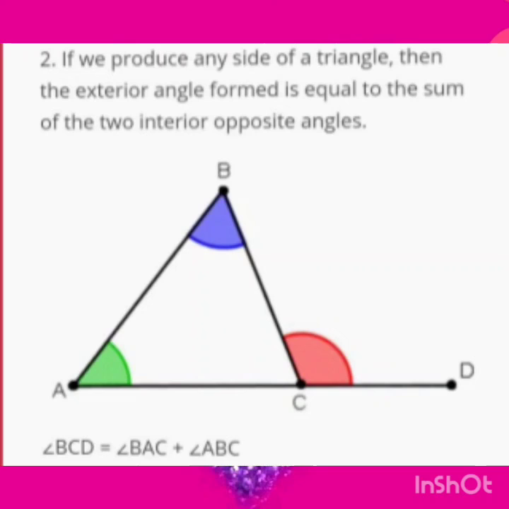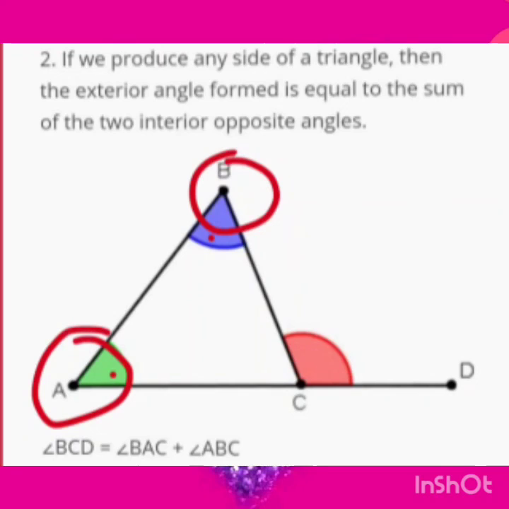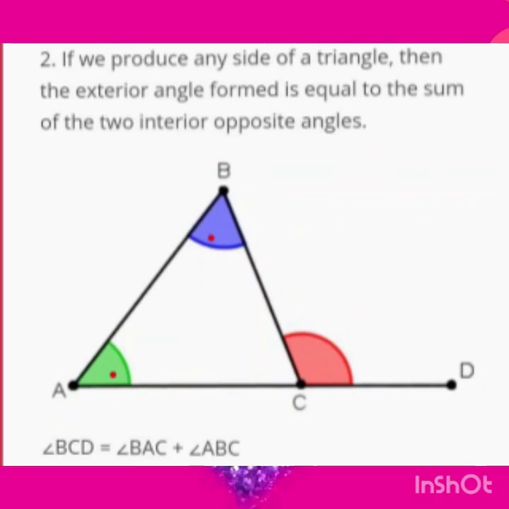My dear student, the sum of two interior angles of a triangle must be equal to the exterior angle. Got it? Now how to clarify it? In the sentence it is already clarified. How to write it in symbolized form? Angle BCD, this is the exterior angle. Now what about angle BAC?